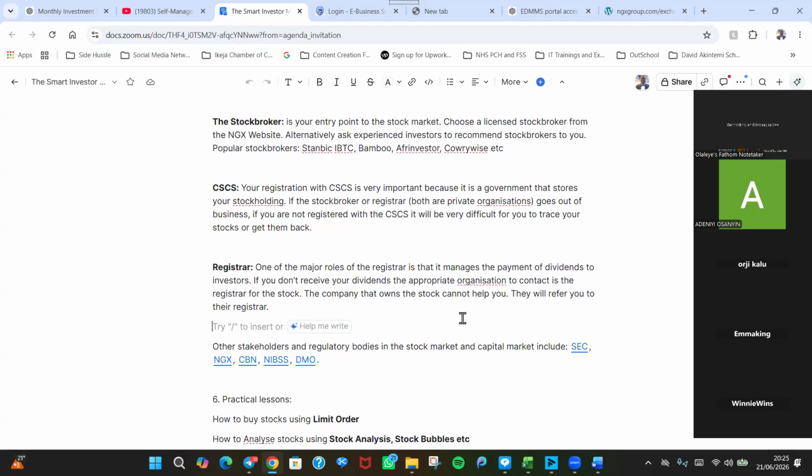We have equity mutual fund. Yes. We have fixed income fund. Okay, yes. And you also have treasury bill.